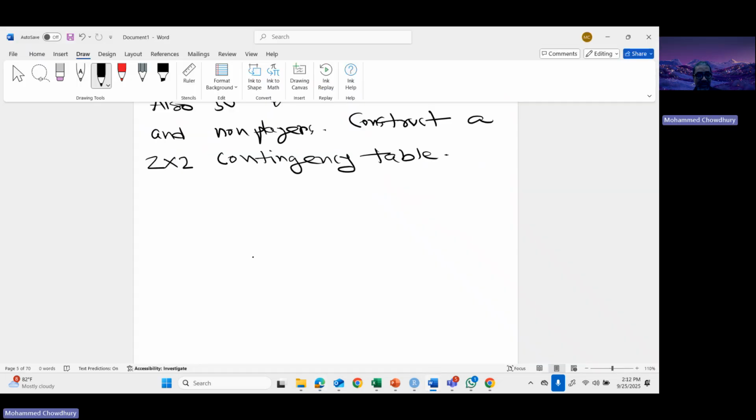So I want to put here players, non-player. I want to put here adult and I want to put here minor.